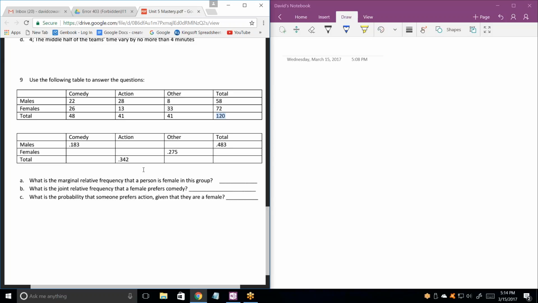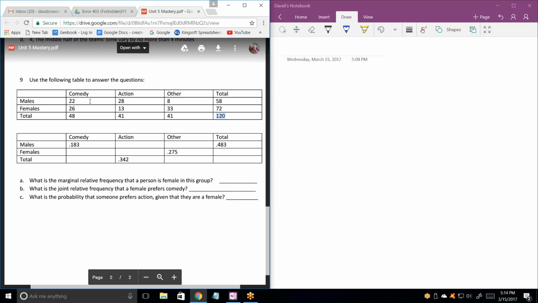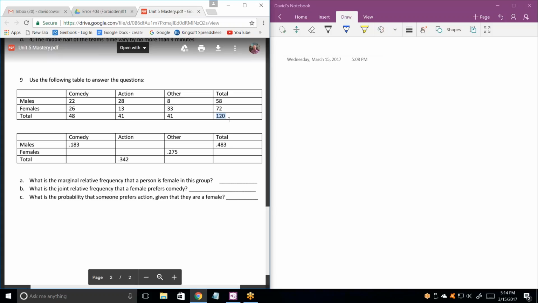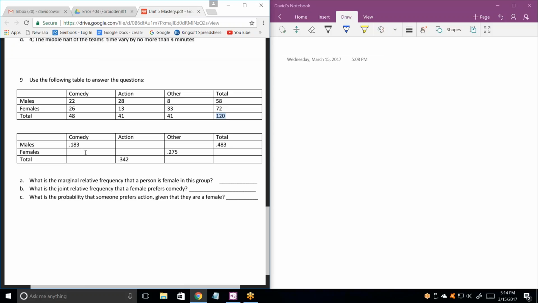It's pretty easy to do because the top table gives you all the absolute numbers. So every single cell is whatever's in the top cell divided by 120. And then the totals, in other words, whatever the central frequency of the females in comedy is, add that to the males in comedy to get the total underneath.